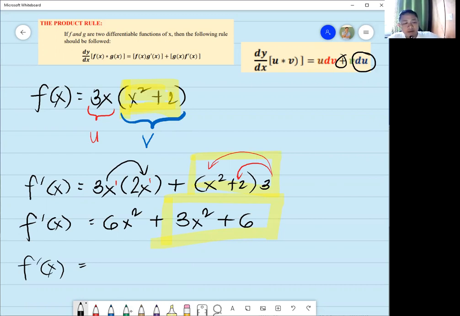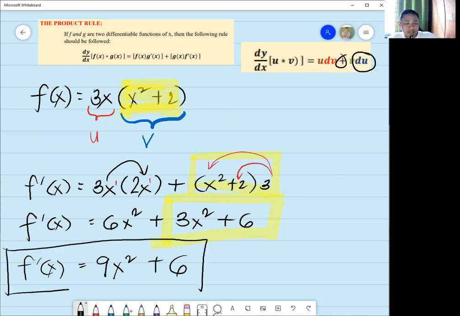The like terms here will be 6x squared plus 3x squared. So therefore that becomes 9x squared plus 6. And that is the derivative of your given. Show me a reaction if that's clear to you.